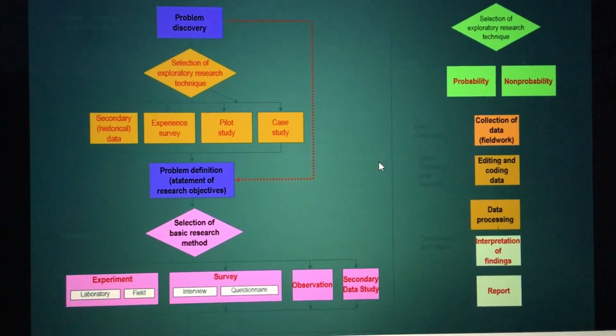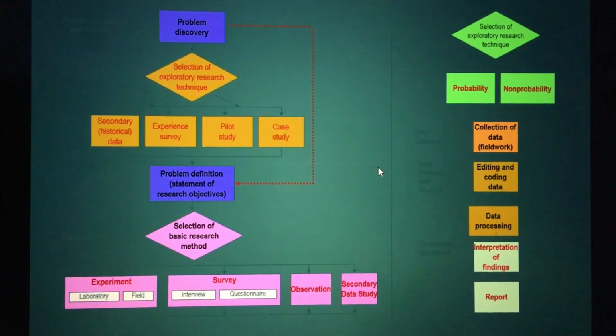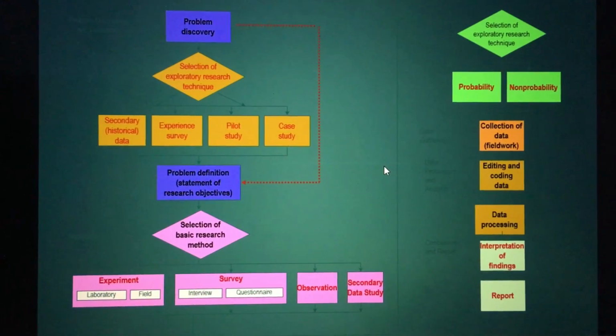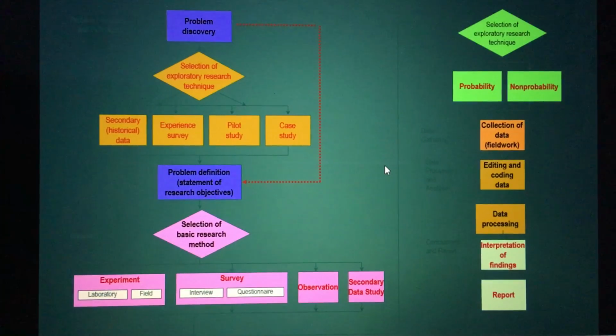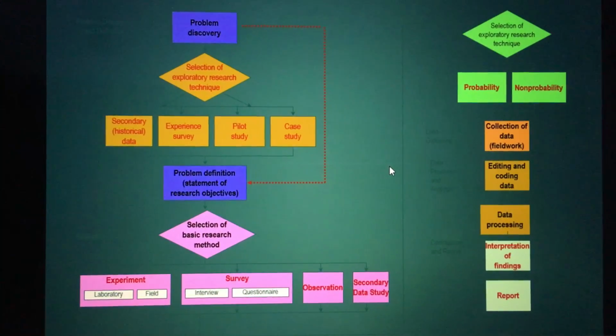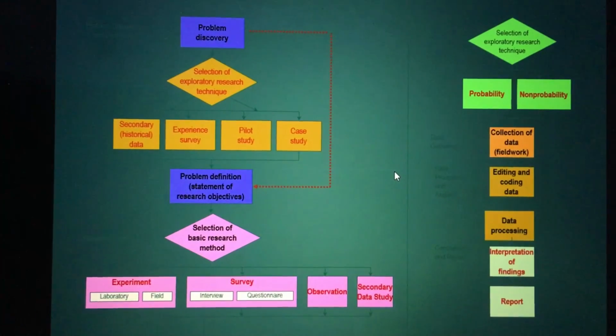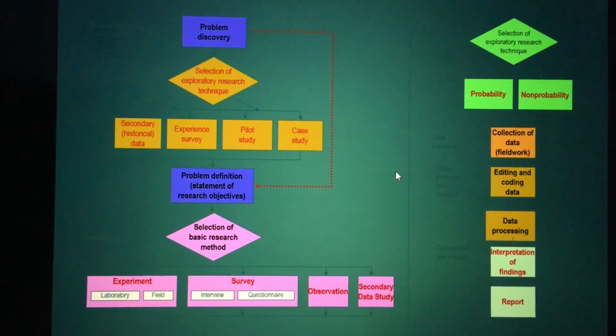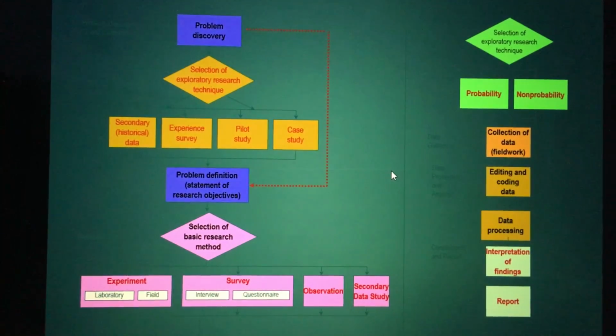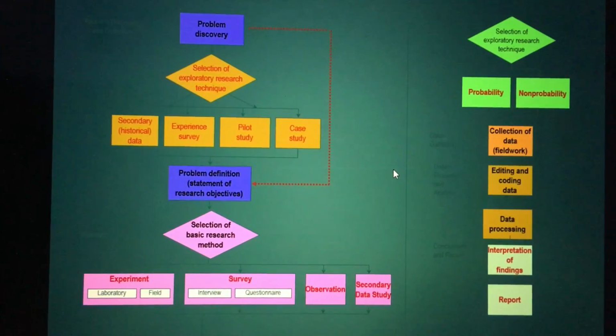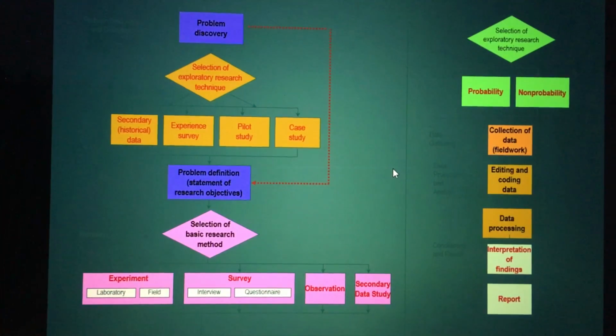Now all these steps that I mentioned here will have a lot of finer details, or let's say different steps involved in each and every stage. Okay, so problem definition itself will contain certain steps. Research design will have different steps involved.